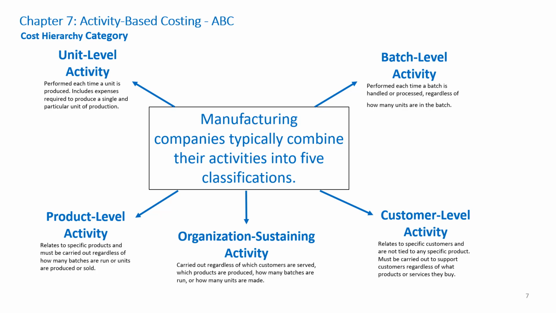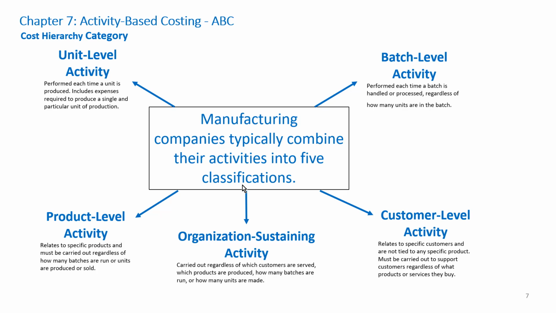Before leaving this chapter, let's talk about something referred to as the hierarchy of cost. Traditional cost systems rely exclusively on allocation bases that are driven by the volume of production. ABC breaks with these traditional systems by defining 5 levels of activity that largely do not relate to the volume of the units produced.